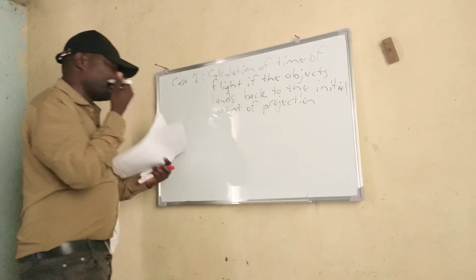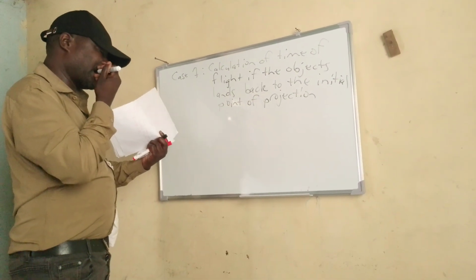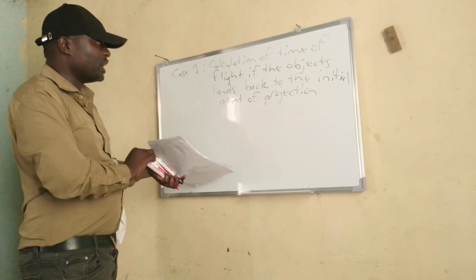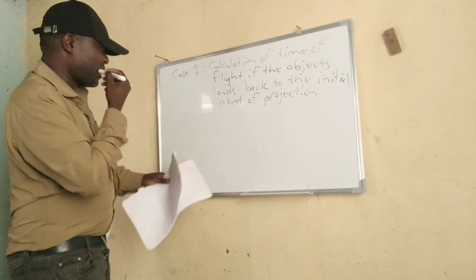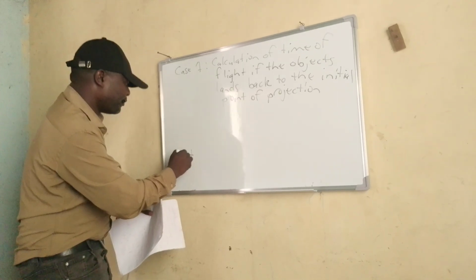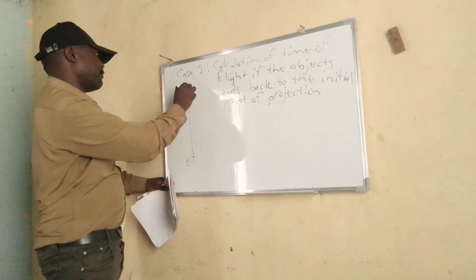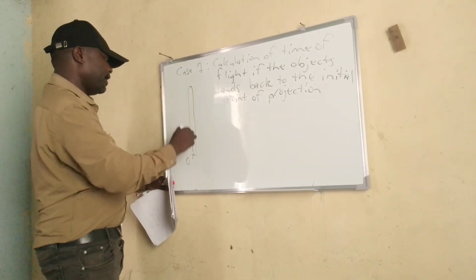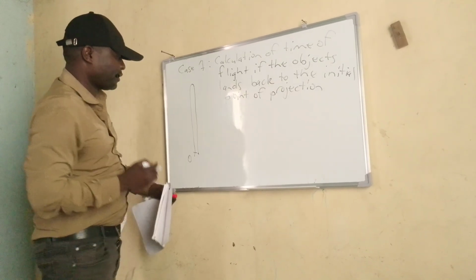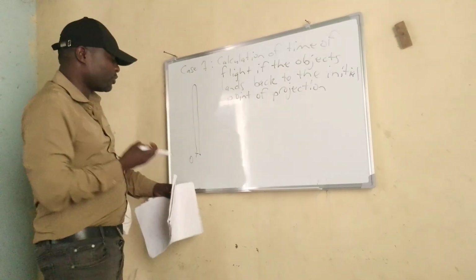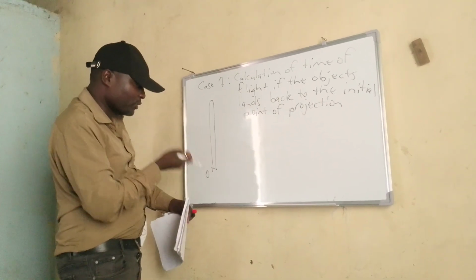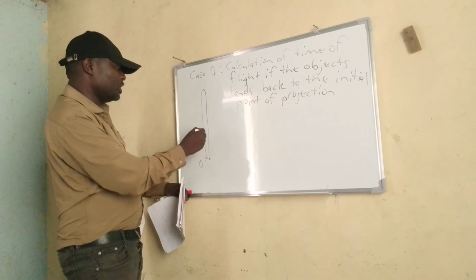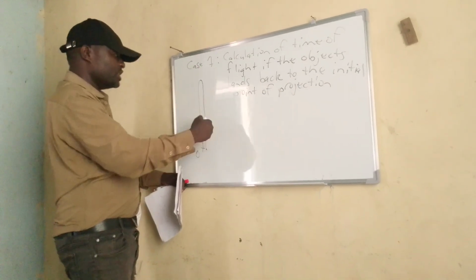Suppose an object is projected vertically upwards from the initial point of projection. It will reach maximum height and land back at the point of projection.